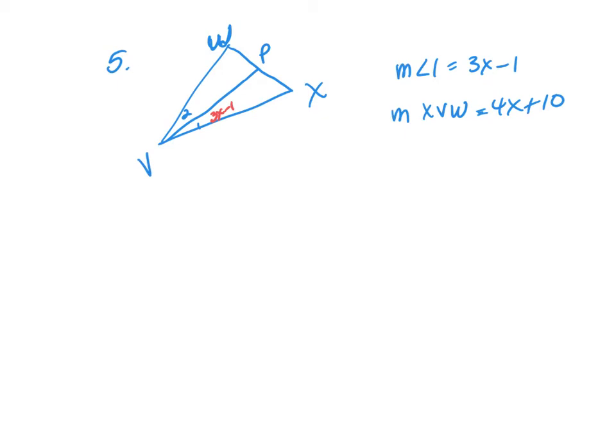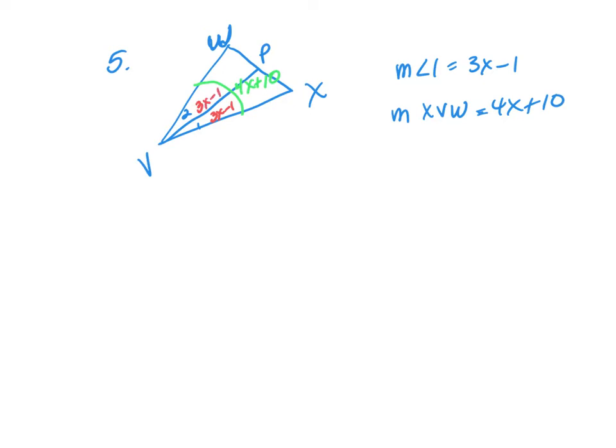Well, where is angle XVW? It's the whole thing. I'm going to put that right here, 4x plus 10. Okay? What does angle 2 measure? Very good. So we're going to make angle 2 the same as angle 1, always, okay?